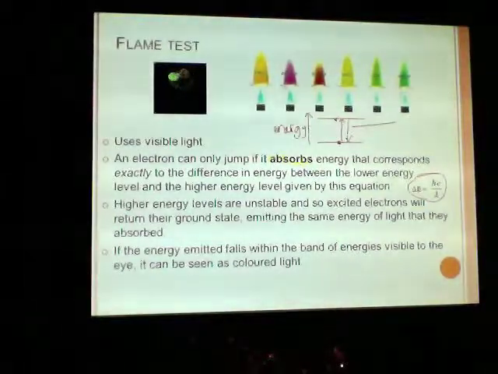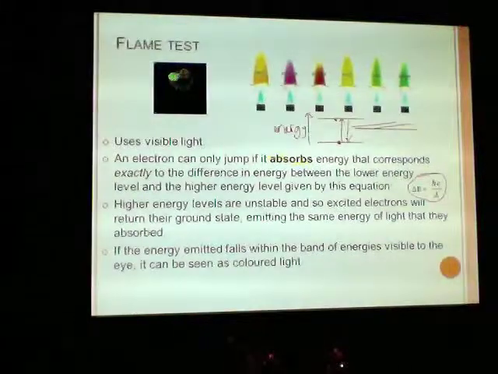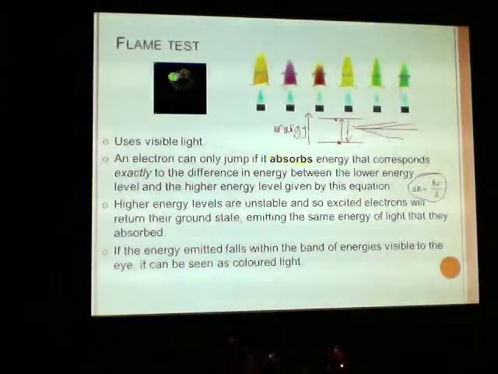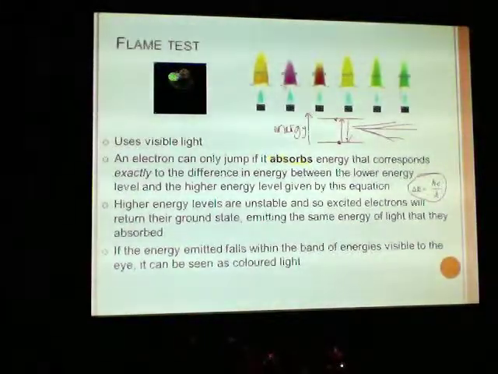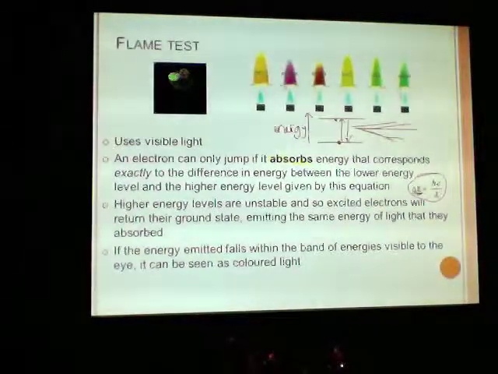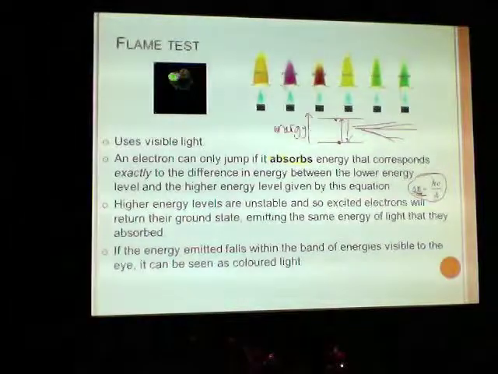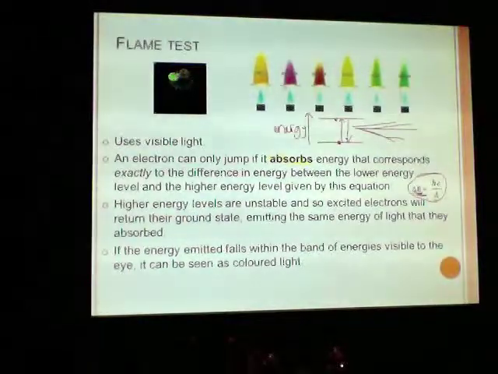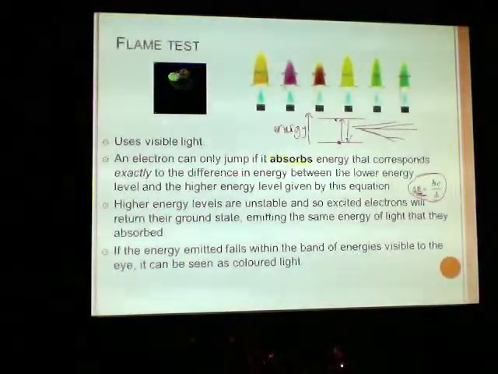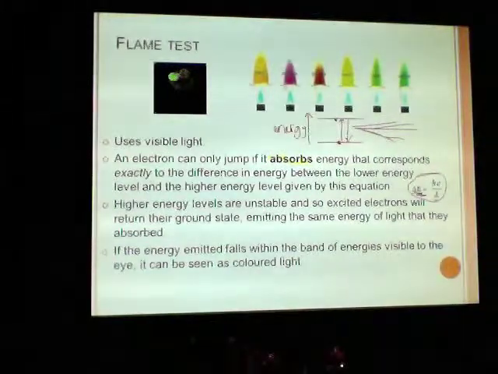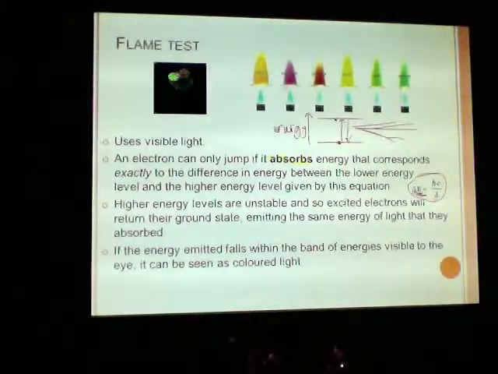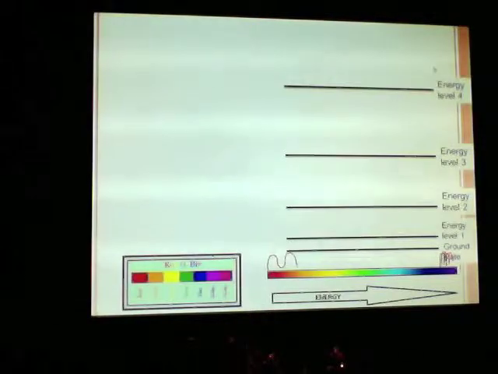In doing so, it releases energy of the same wavelength or energy that it absorbed. So the larger the wavelength, the lower the energy, and the smaller the wavelength, the higher the energy. You should know those two things.